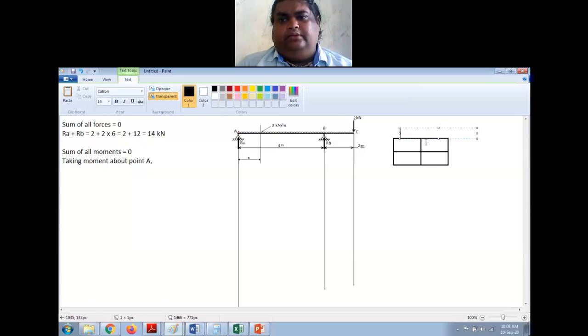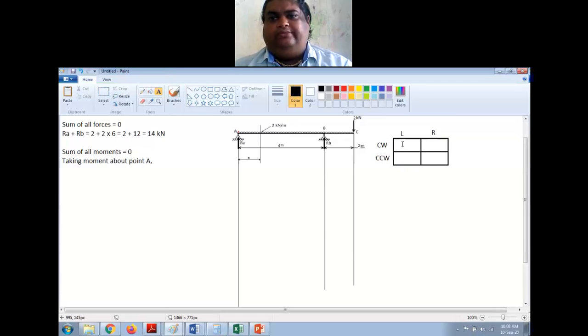So make a box like this and then this I will call it as left side, this is right side, this is clockwise and this is counterclockwise.